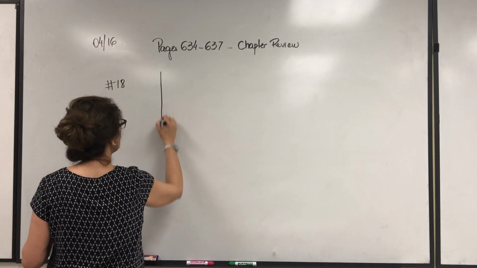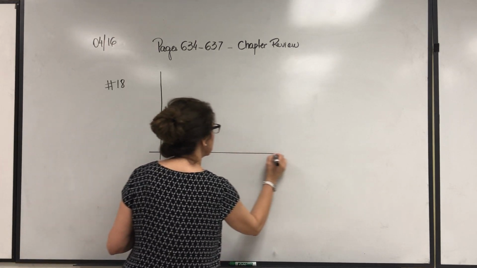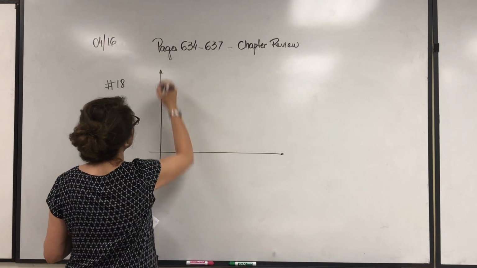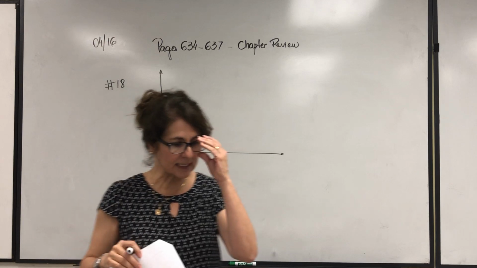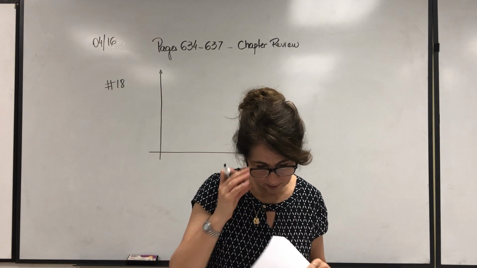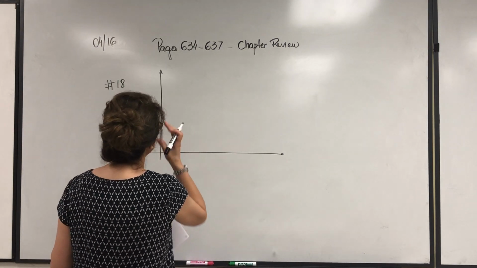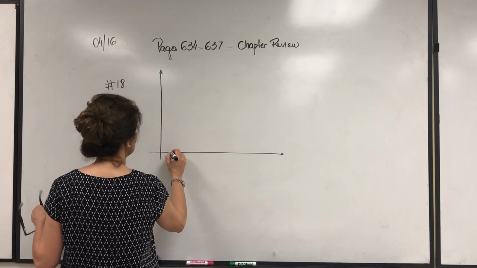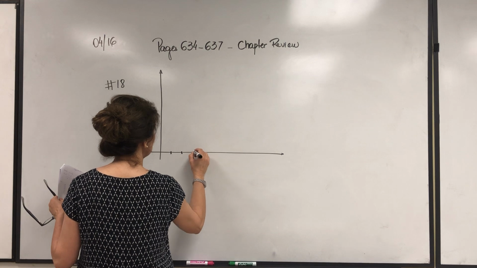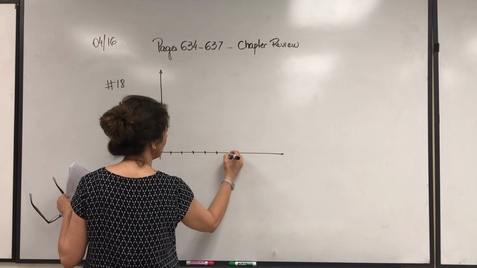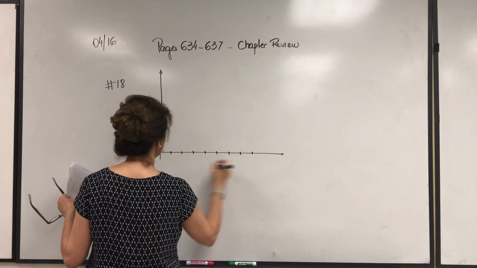What we are going to do is draw a graph that represents the information from the book. So we have seasons 1 through 6, and we have to predict season 7. So I have seasons 1, 2, 3, 4, 5, 6, 7, and 8.